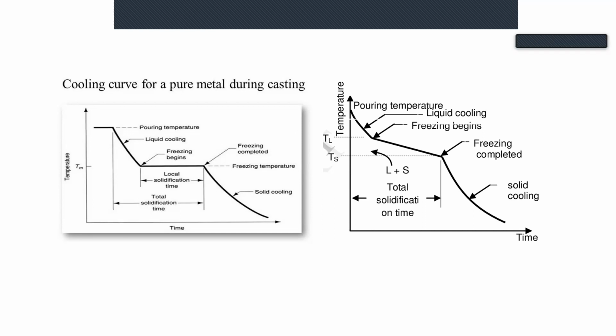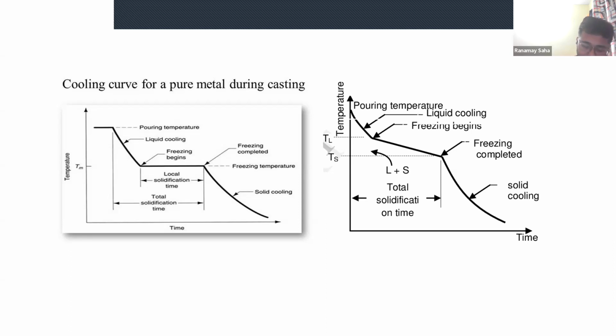So there is a compositional gradient; the whole molten metal doesn't solidify at a particular temperature. There is a gradient of temperature, which relates to a gradient of composition within the casting.